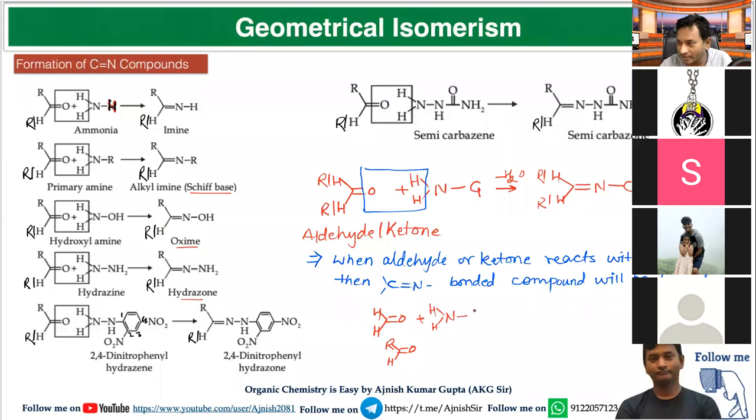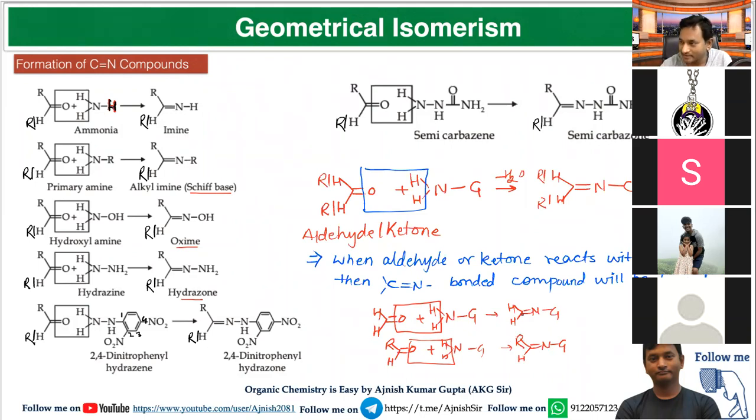When symmetrical aldehyde reacts with NH2Z, a water molecule goes out and forms a compound like this, where H and H are present. Similarly, when unsymmetrical aldehyde reacts with NH2Z, it also loses a water molecule, but here the compound formed will be like this.